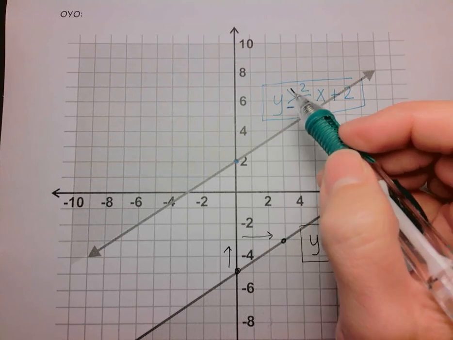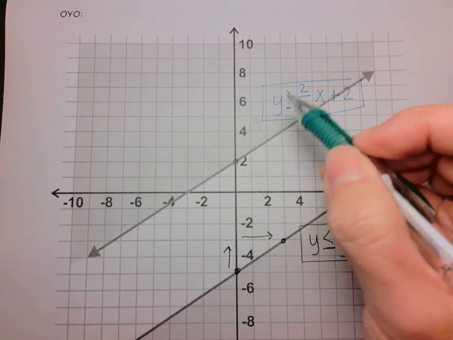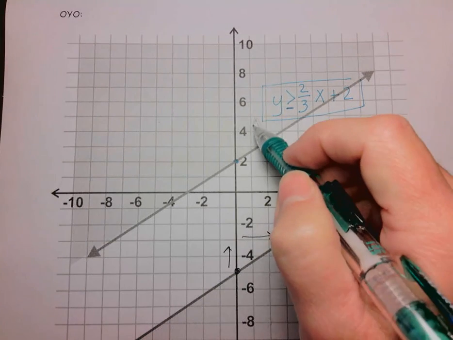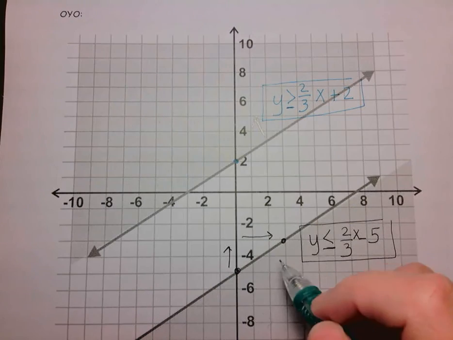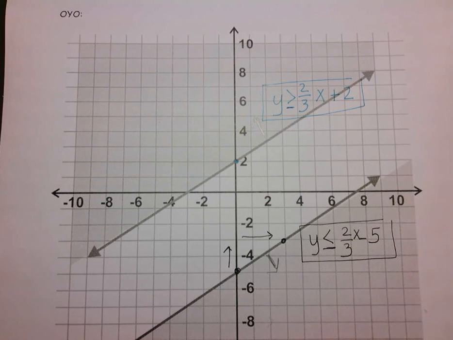This is shaded up towards those positive y values, and this is shaded down towards those negative y values. So you can see there's no solution here because there's no area where the shaded regions of these two inequalities are going to overlap.